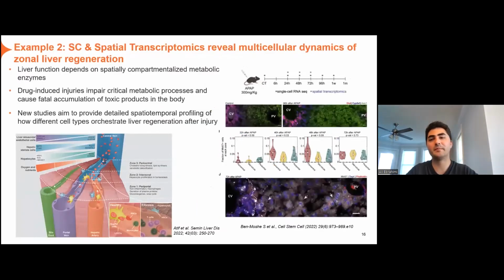Another example that I wanted to go through is drug-induced liver injury, and how authors use spatial transcriptomics to understand the biology of liver regeneration after injury. Liver is one of those organs where it is essential to use spatial transcriptomics, because of its biology.